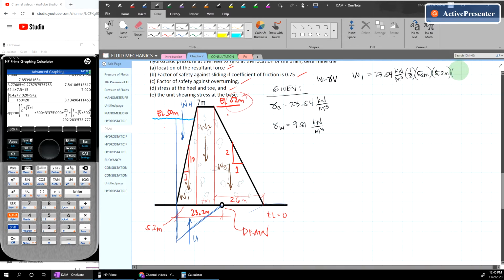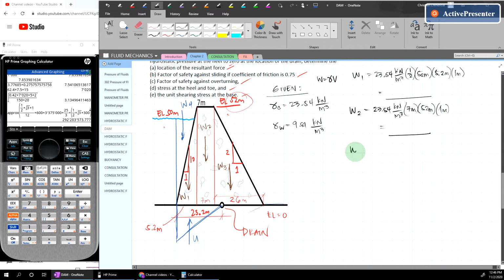Of course, consider natin yung 1 meter na strip nung dam. Weight 2, yung rectangular shape na part nung dam: 23.54 kilonewton per cubic meter multiplied by area 7 meters by height 52 meters, and 1 meter width natin.